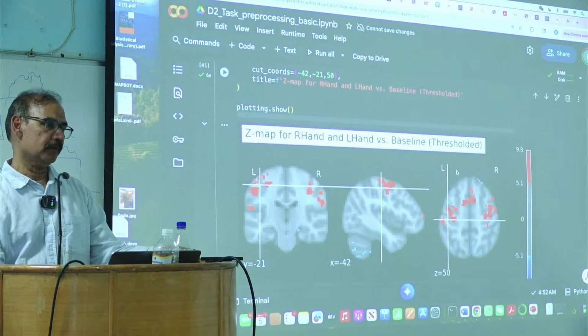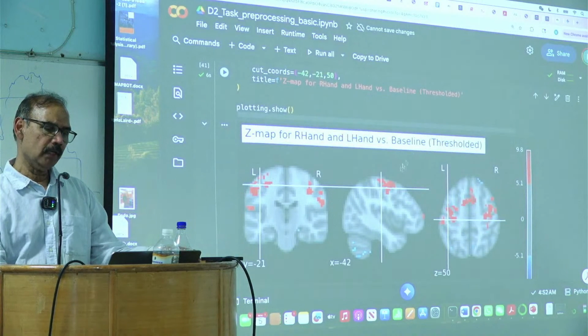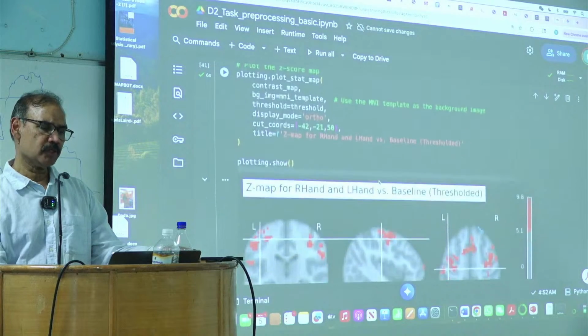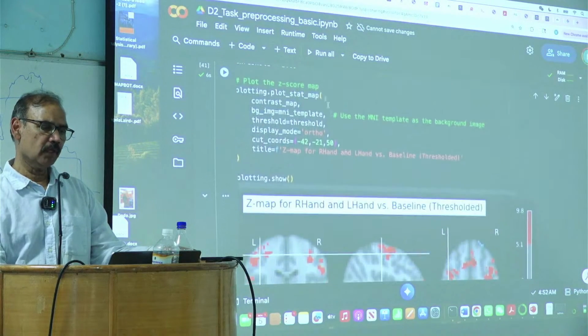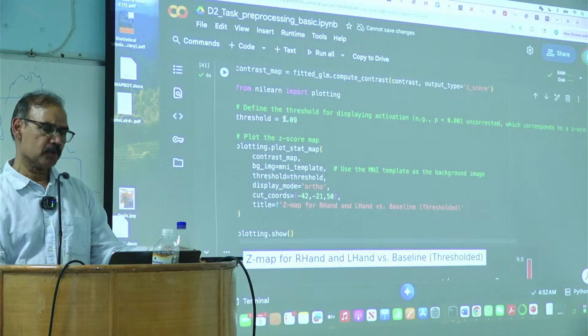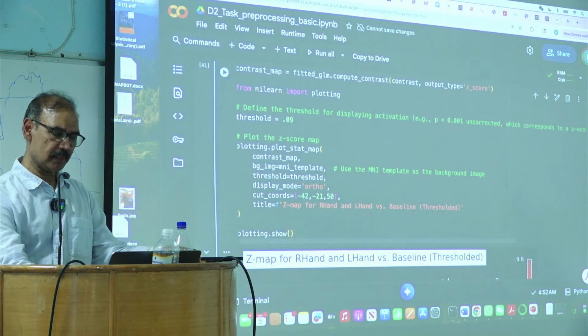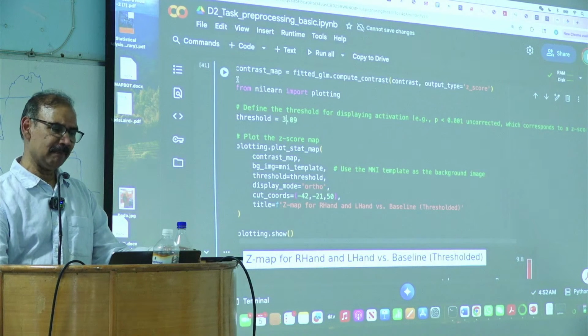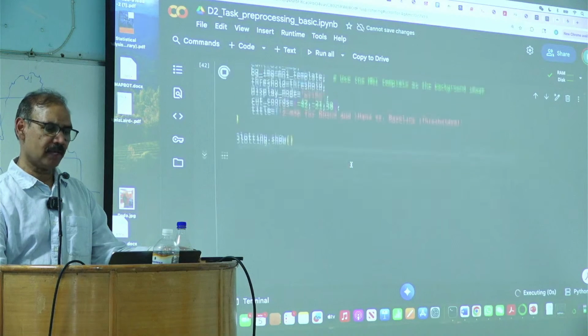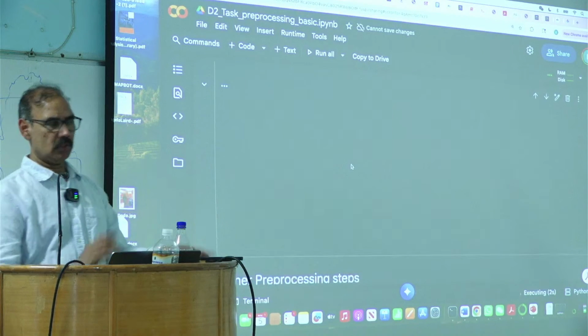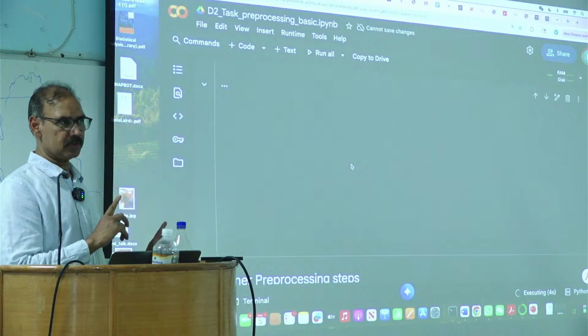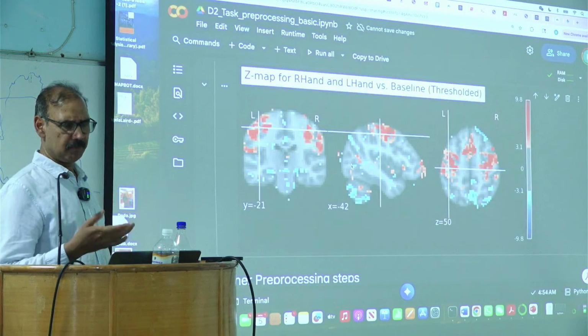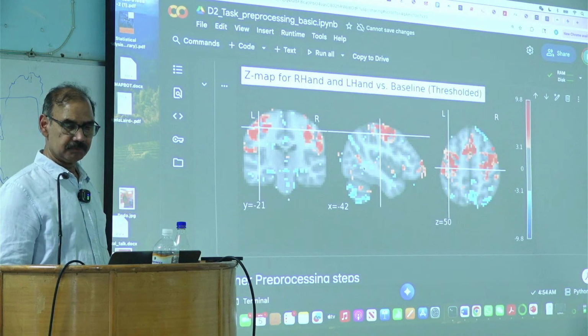To answer the question, there is something called ROC curve analysis. If I have time, I'll cover that. It looks at true detection versus false positives, and it comes up with a method.